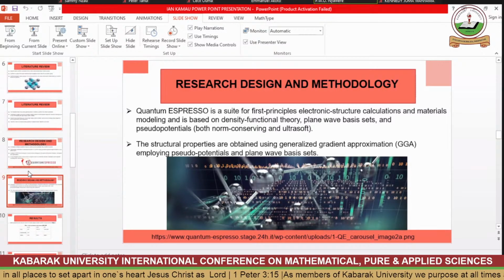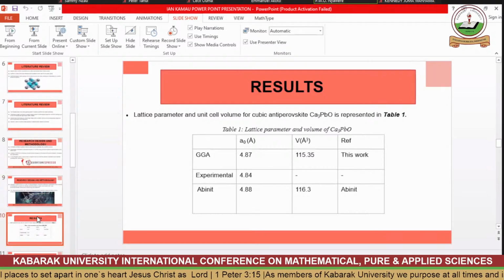So after doing that research and methodology, these are the results that we got. First you can see a table. This is the lattice parameter and unit cell volume of cubic antiperovskite calcium lead oxide presented in that table. That is table number 1.